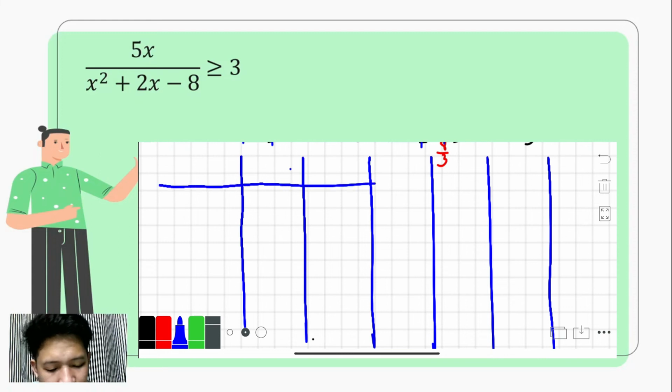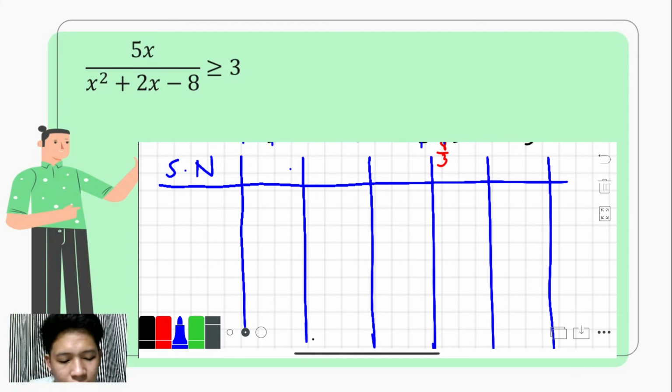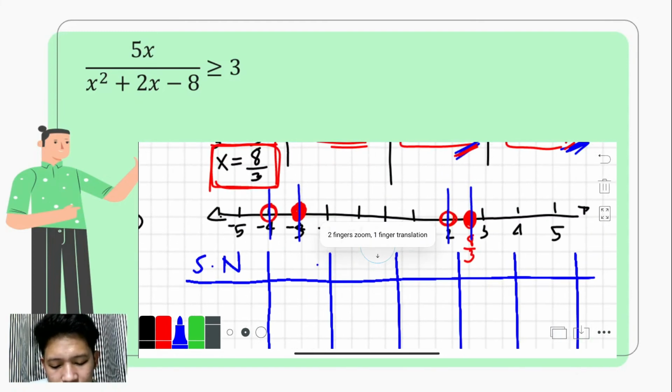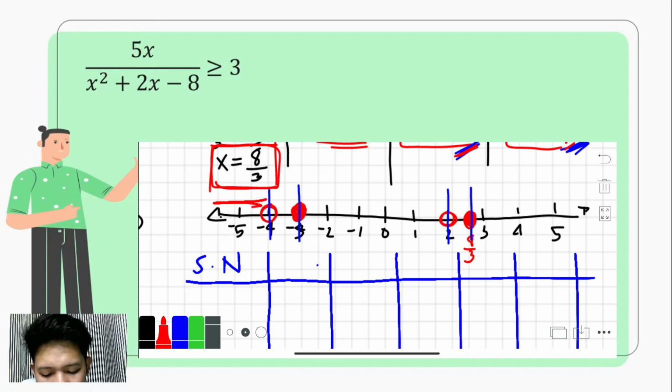Alright? And our first row would be for our set notation. Our first set notation would be from our first one, this part. So, this is actually from negative 4 to negative infinity. Hence, our set notation would be x is less than negative 4.